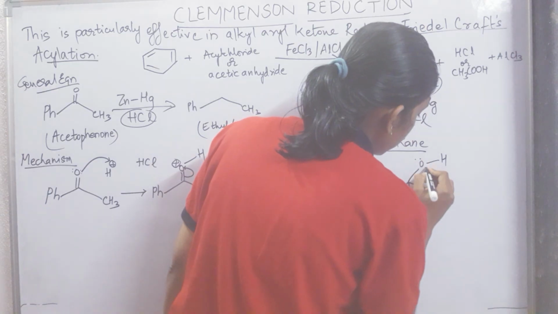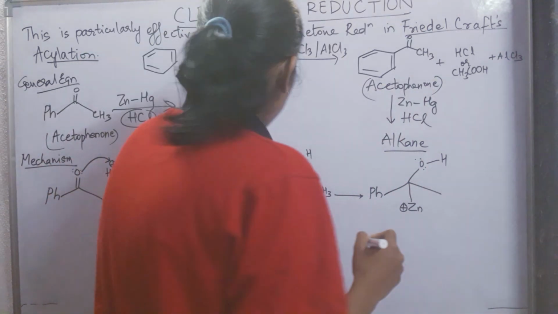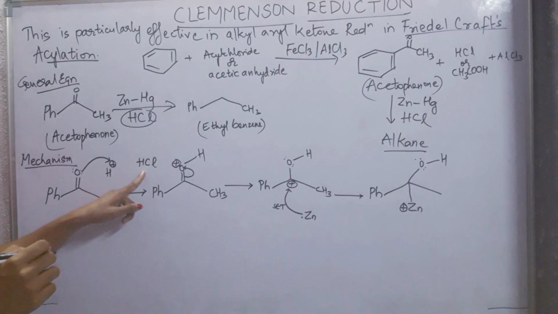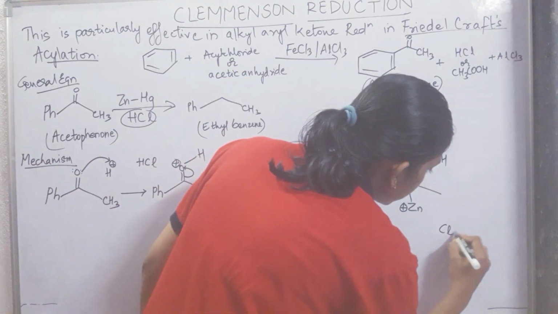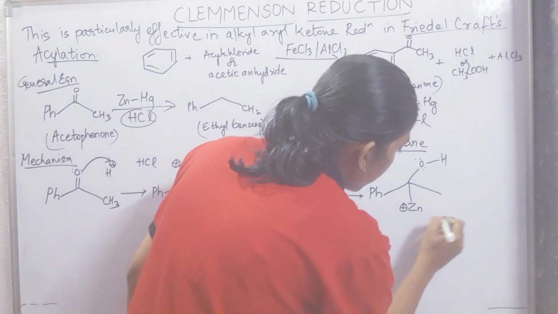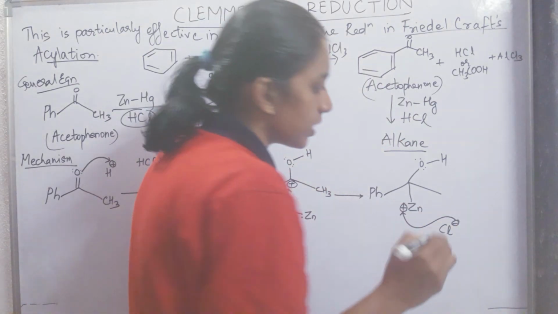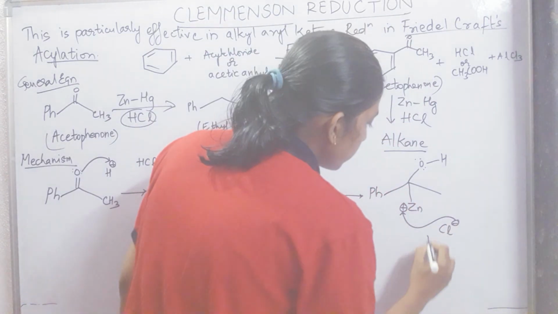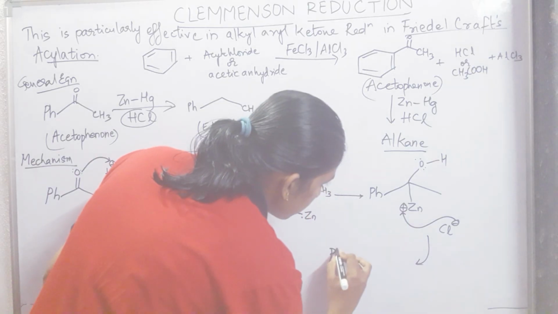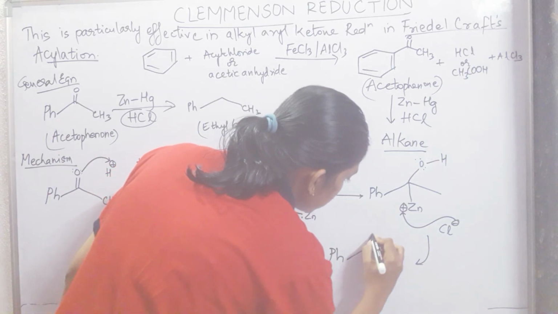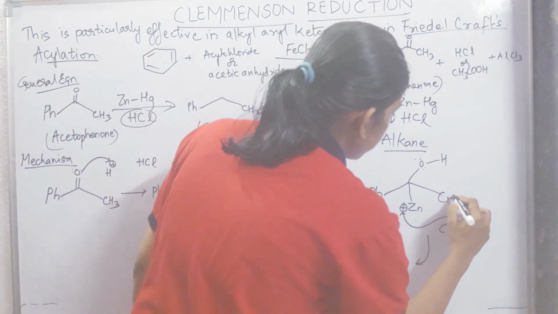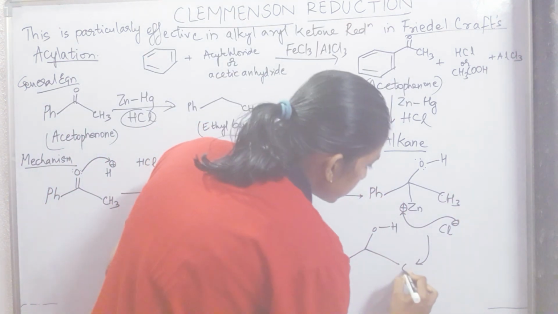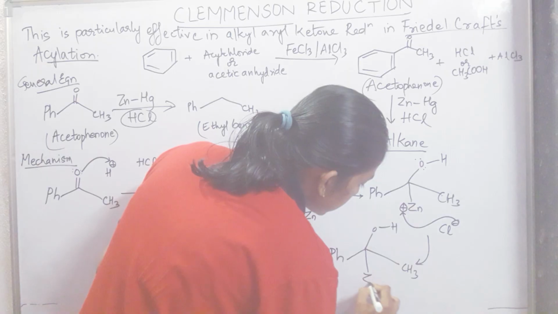Now we have taken H plus from HCl here, and this Cl minus will attack this positively charged zinc and will give us a compound like this, Ph COH. This will be CH3 itself, CH3 ZnCl.